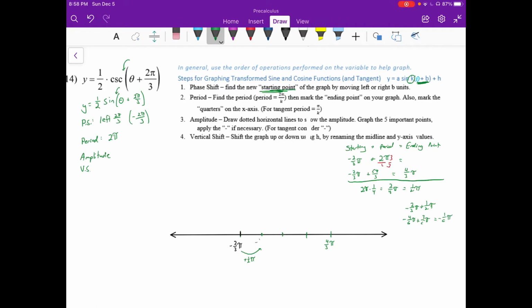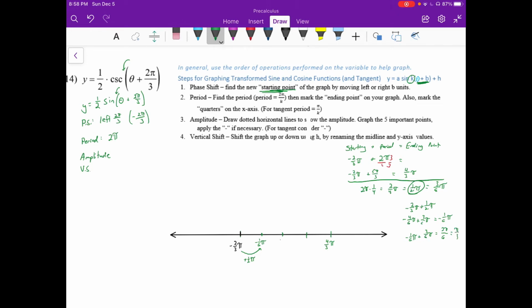Then we add this again, realizing that 1/2 is 3/6 pi, just getting the common denominator. Negative 1/6 plus 3/6 gives us 2 pi over 6, which reduces to pi over 3, or 1/3 pi.